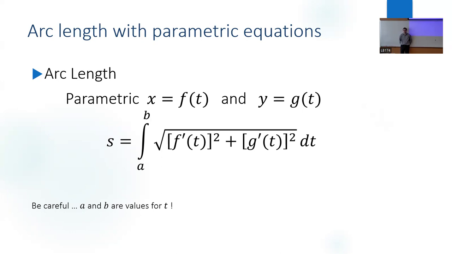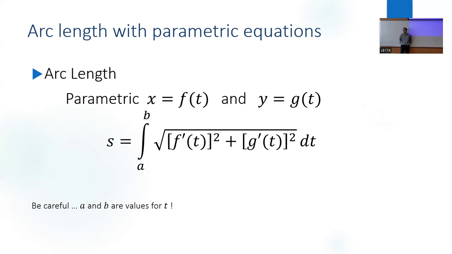This square root comes from the distance formula, and I'm not going to go through the origins of that because it was similar to the arc length that we did previously in this class way back when.